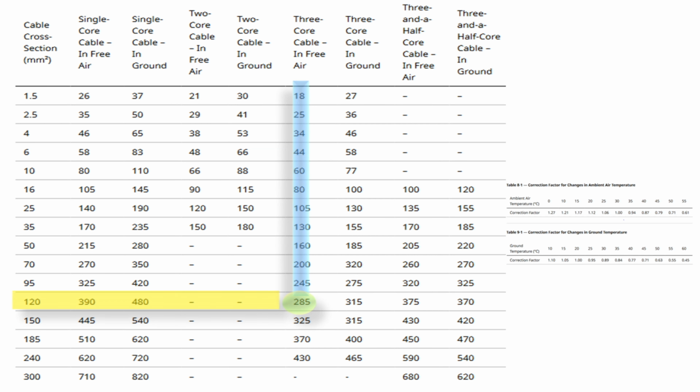If the ambient temperature changes, whether the cable is installed in free air or in the ground, we need to apply a correction factor. What this correction factor is and how it works, I'll tell you right now.